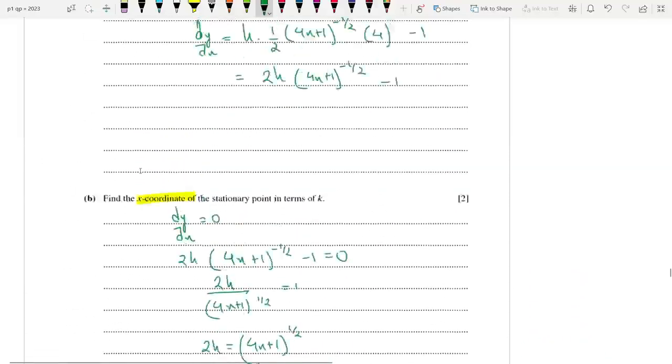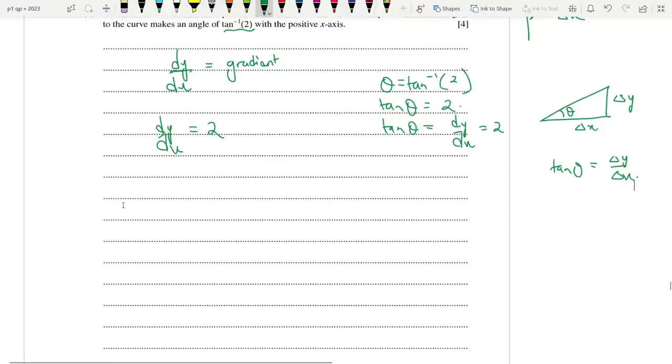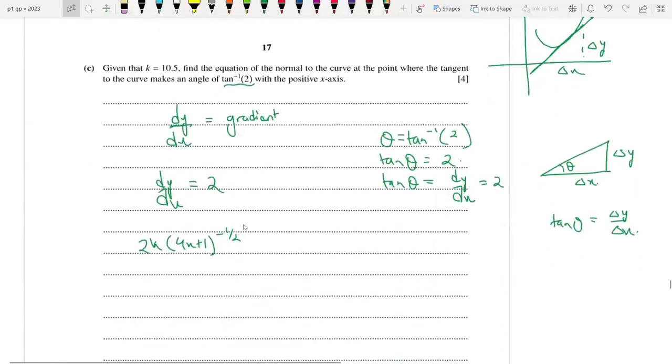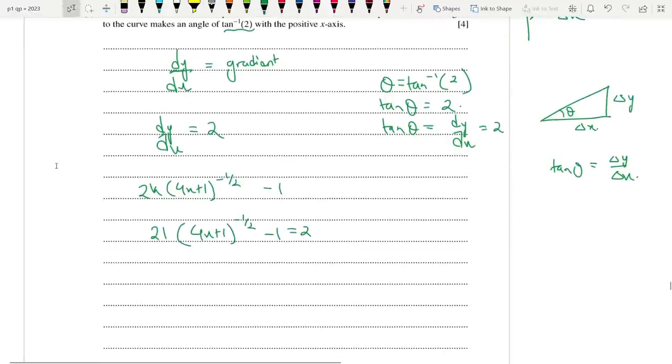Now we know that dy by dx is 2k times (4x plus 1) to the power minus half, minus 1. So k is 10.5. 2 into 10.5 is 21 times (4x plus 1) to the power minus half, minus 1 is equal to 2, or 21 times (4x plus 1) to the power minus half equals 3.